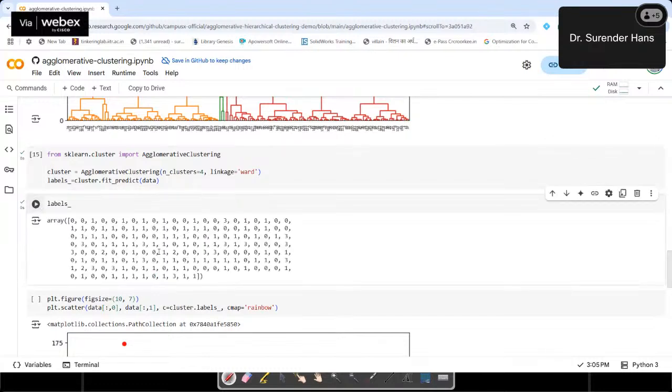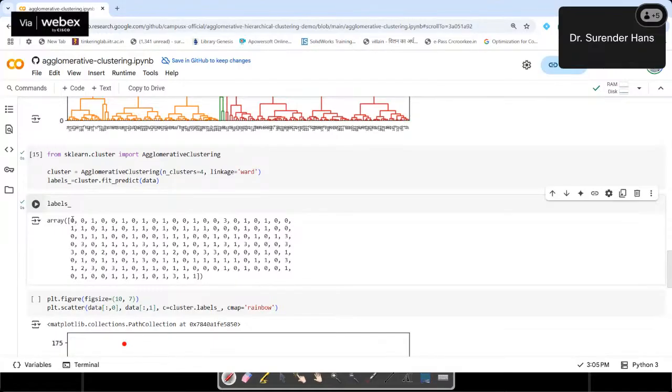Okay, so now this 0 1 0 1 0 1: the first data point is in cluster number 0. The second data point is also in cluster number 0. The third data point is in cluster number 1. Likewise, there are 4 clusters: 0, 1, 2 and 3.